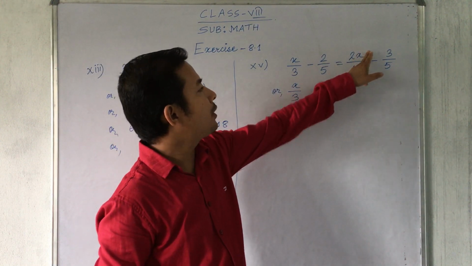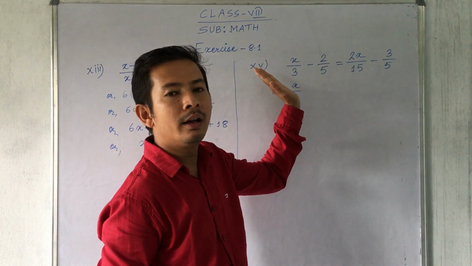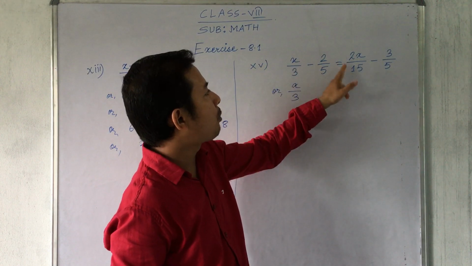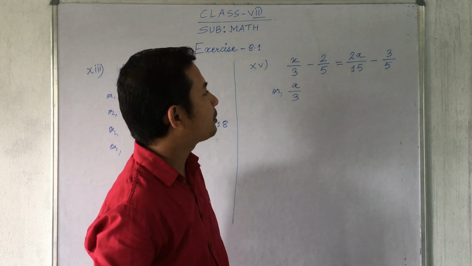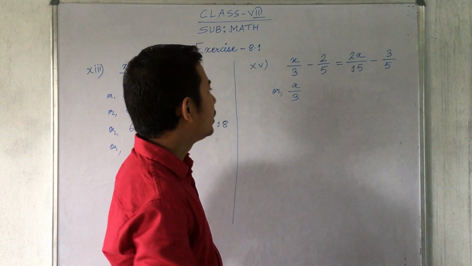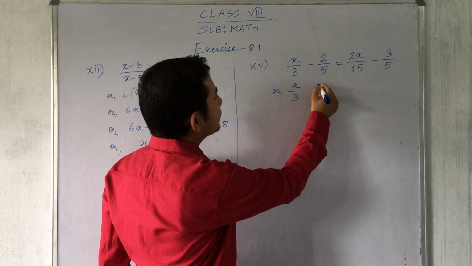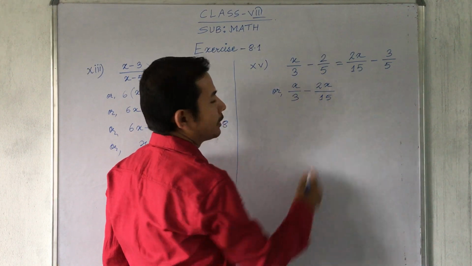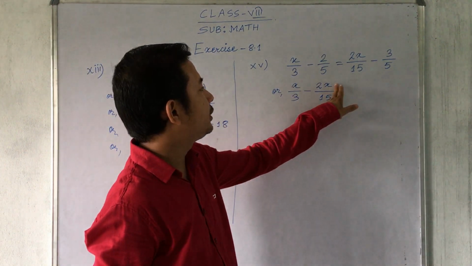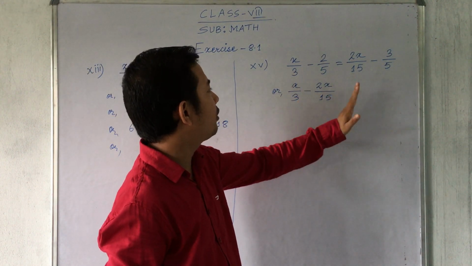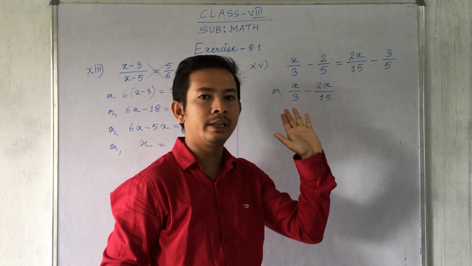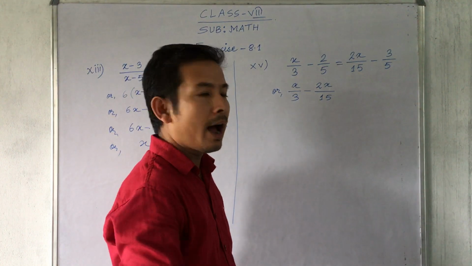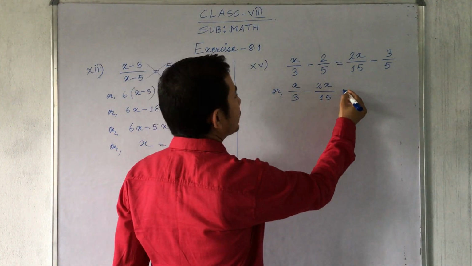Now this 2x by 15 I am writing to the left hand side. While writing it on the left hand side, this positive 2x by 15 will become negative, so it will be minus 2x by 15. This is a variable, this is also a variable, and I have separated the variables to the left hand side.